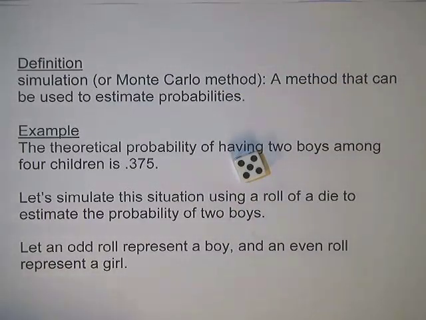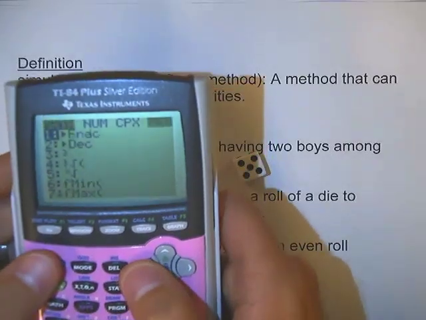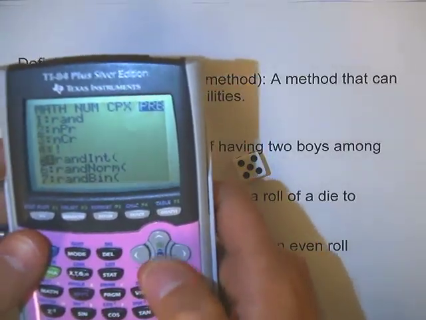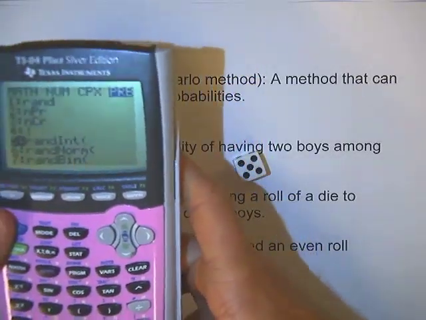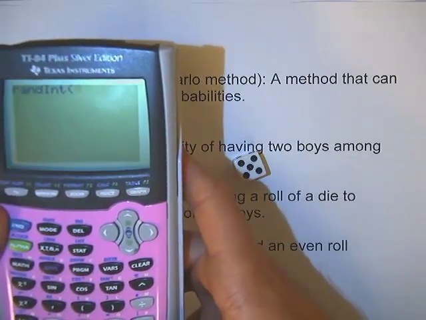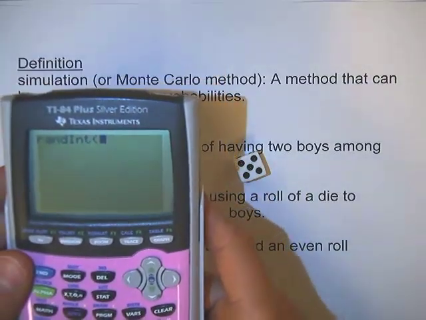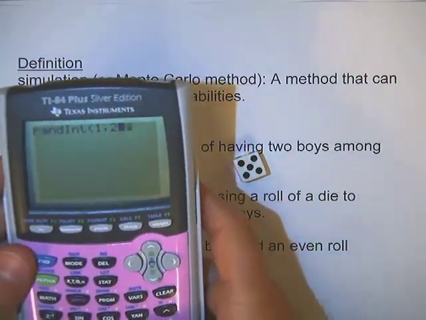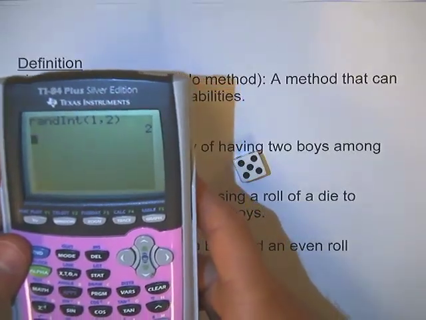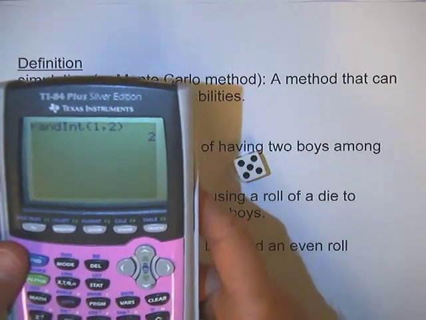But you can also do it on a calculator, and I'll just show you one way that you can use the calculator. If I'm doing the same simulation, boys and girls, I could generate a random number. I could use the calculator function called randint, and if I put in 1 comma 2, that's going to generate a random digit, either a 1 or a 2.